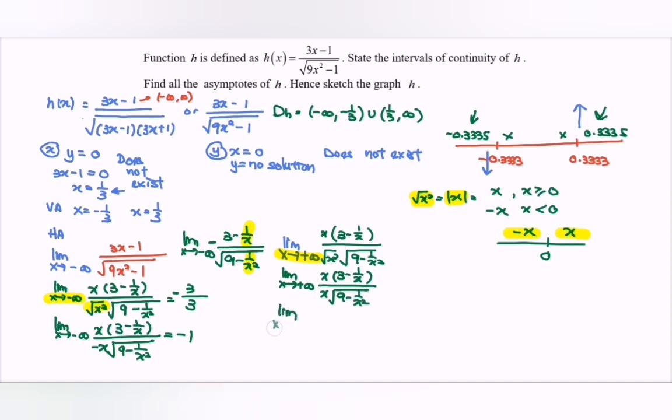We have 3 minus 1 over x over the square root of 9 minus 1 over x squared. So finally, the value of y will be approaching 1. So for the horizontal asymptote, we have y equals negative 1 and y equals 1.